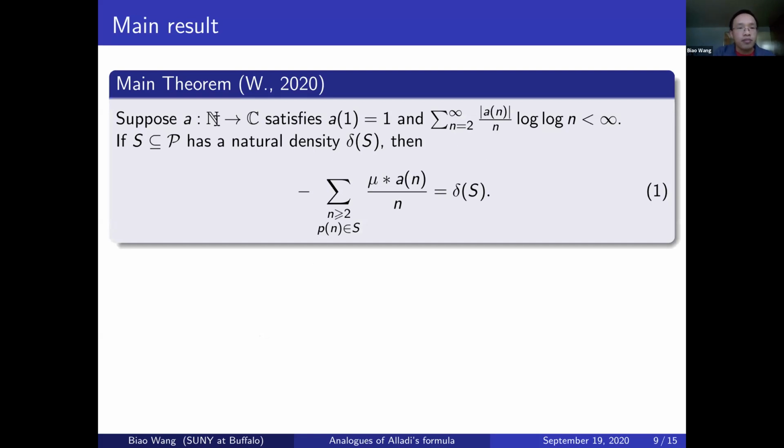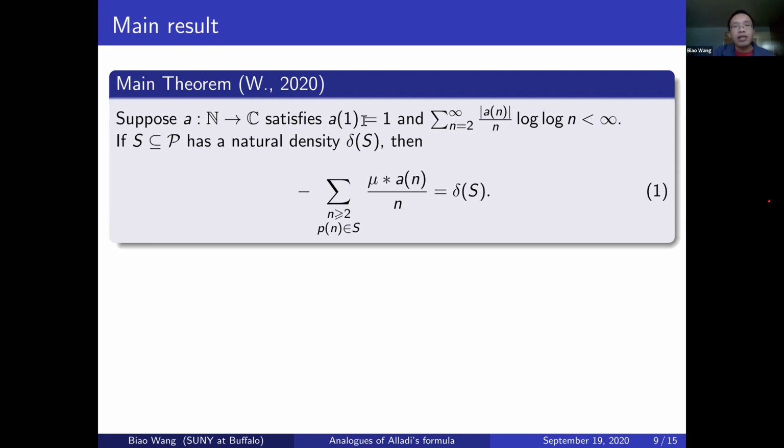So here, A is an arithmetic function which satisfies that the first term is 1 and satisfies this convergence condition. This convergence condition just guarantees that the Dirichlet series of A is absolutely convergent at s equals 1.